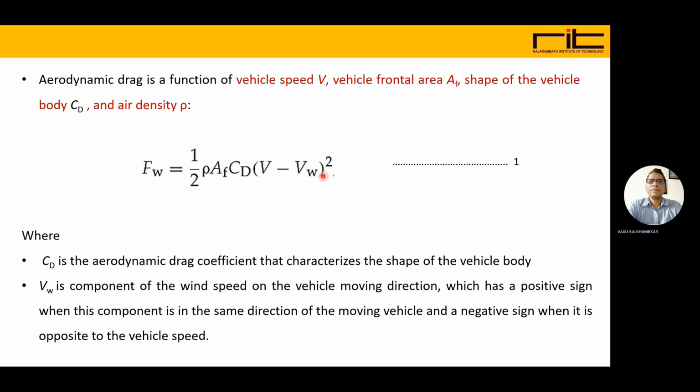V is the velocity, that is the vehicle speed, and VW is the velocity or speed of the wind. VW is the component of the wind in the vehicle moving direction. It has a positive sign when the component is in the same direction as the moving vehicle, and a negative sign when it is opposite to the vehicle speed.